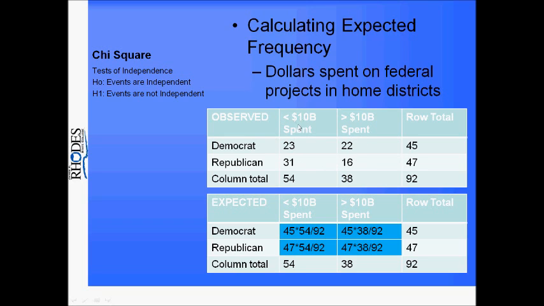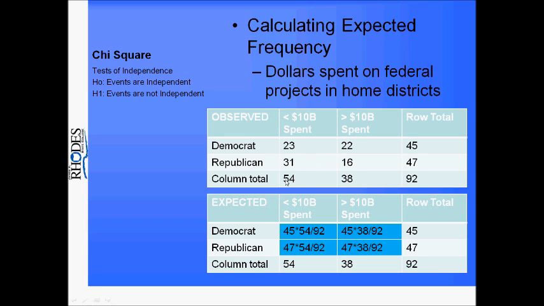For projects that were less than 10 billion spent, there were 23 Democrats and 31 Republicans. And for ones that were greater than 10 billion, there were 22 Democrats and 16 Republicans. This is called a 2 by 2 because it's 2 by 2 across.